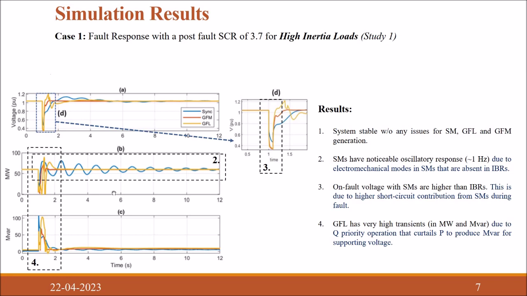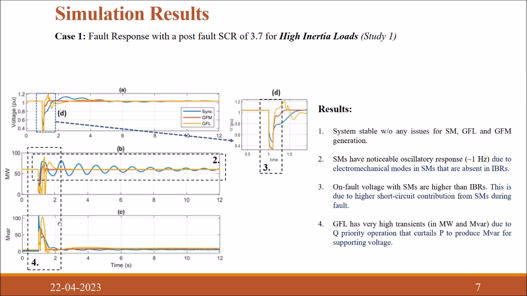The third point is that during fault, the on-fault voltage for synchronous machines is higher, and for IBRs it is much lower, and this is because of the high short circuit contribution of synchronous machines during fault compared to IBRs.